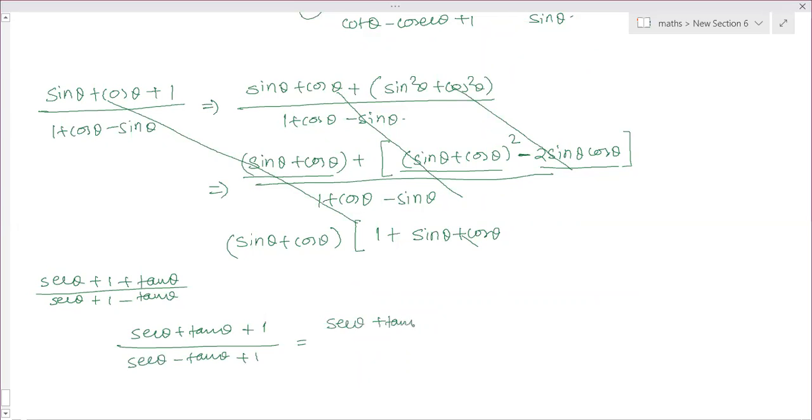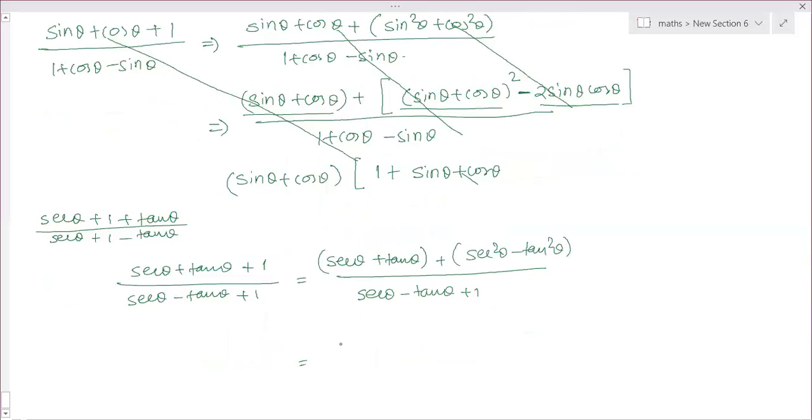Sec theta plus tan theta plus sec square theta minus tan square theta divided by sec theta minus tan theta plus 1. Sec theta plus tan theta plus sec theta plus tan theta into sec theta minus tan theta.